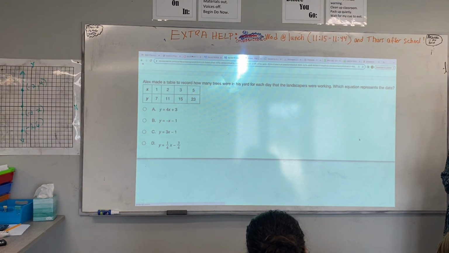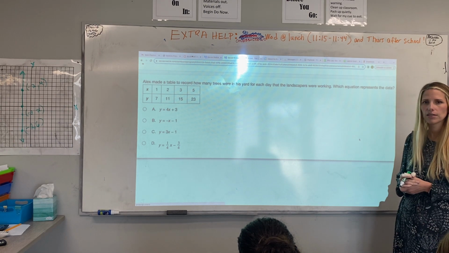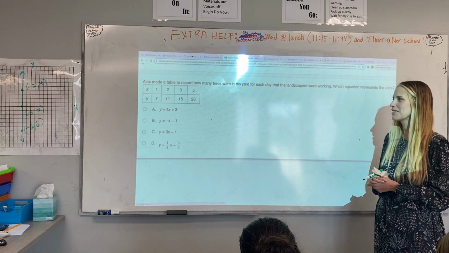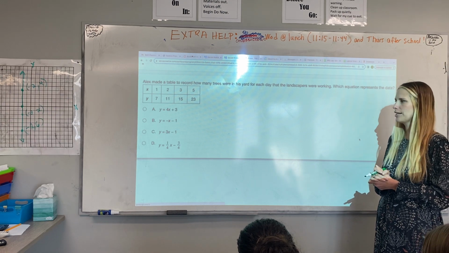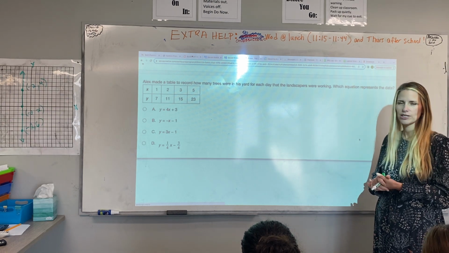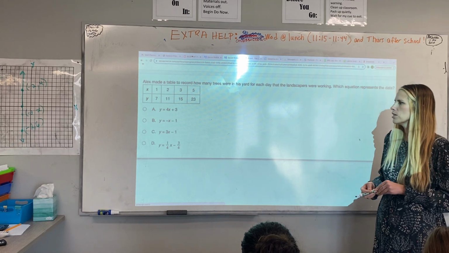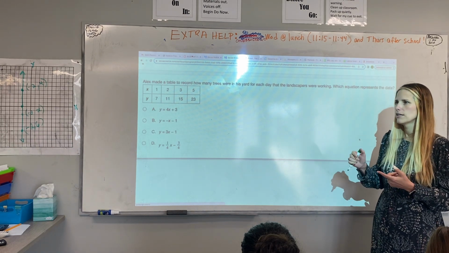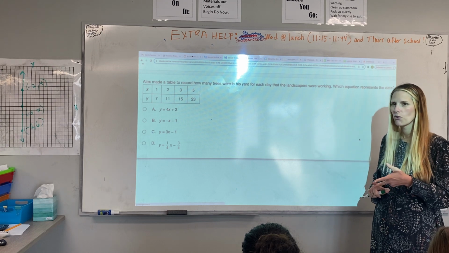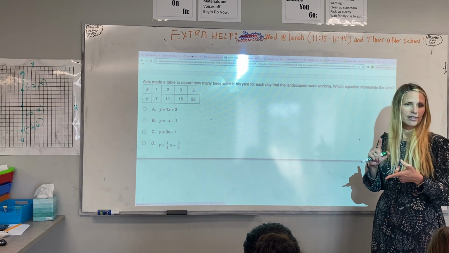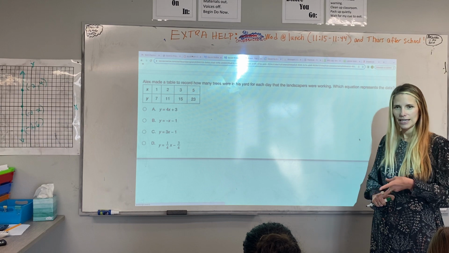What form do we like to put that kind of thing in? What form would we like to put this equation in? I'll give you a hint. All of the answer choices are in that form. Yep, slope-intercept form. So if we need slope-intercept form, we need the slope and the intercept.